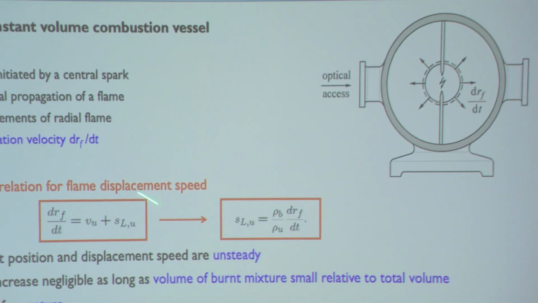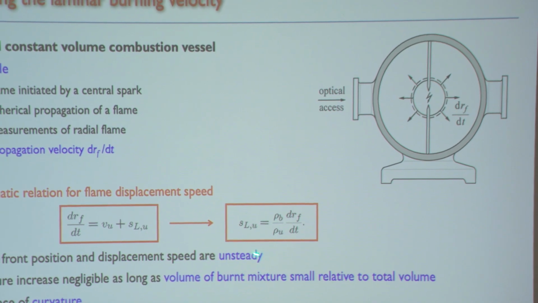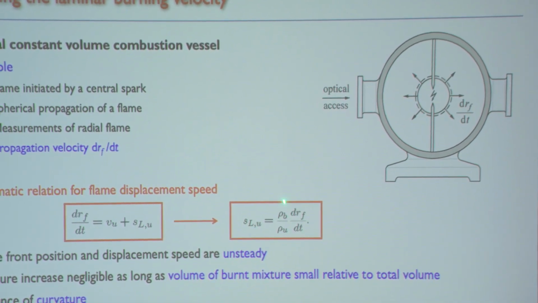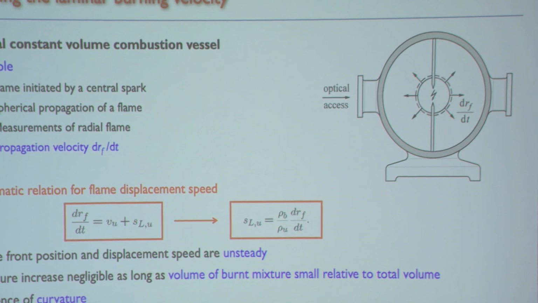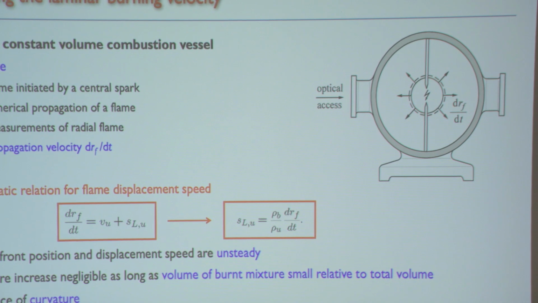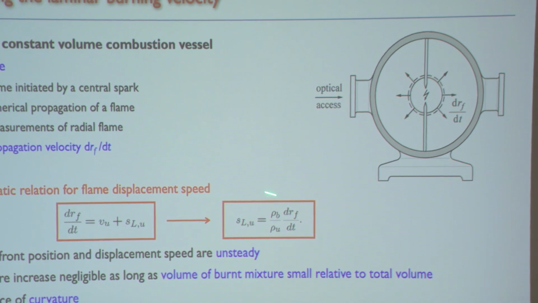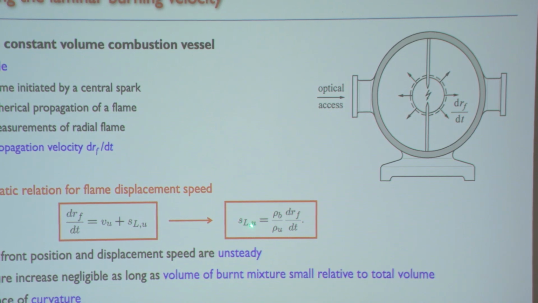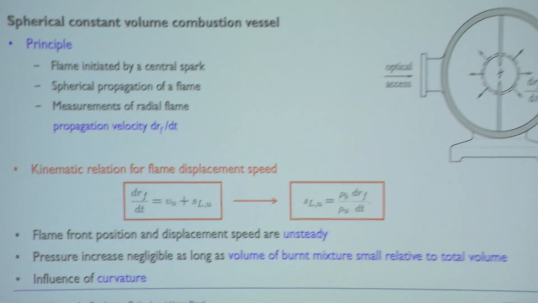Okay, but anyways, from this, you can determine then the unburned burning velocity as this displacement speed here times the density ratio, and that's shown on the next few slides how to do this. So this is the laminar burning velocity, S_L,u.